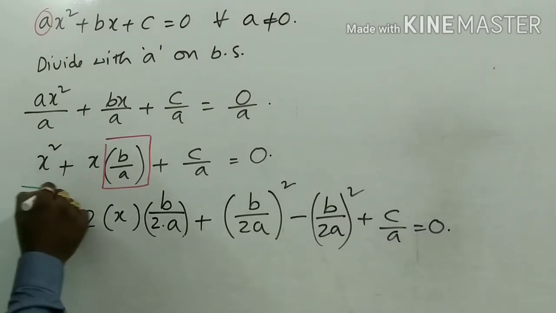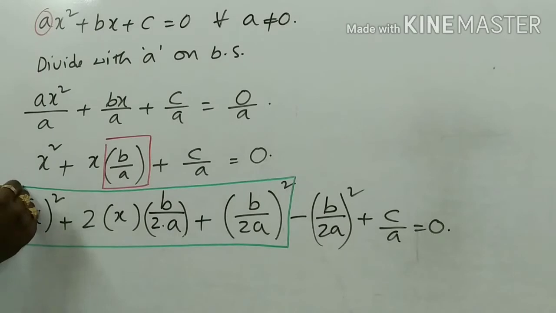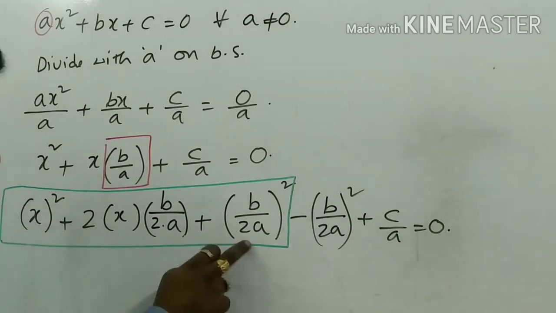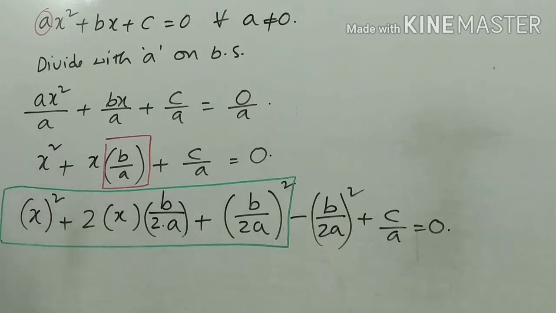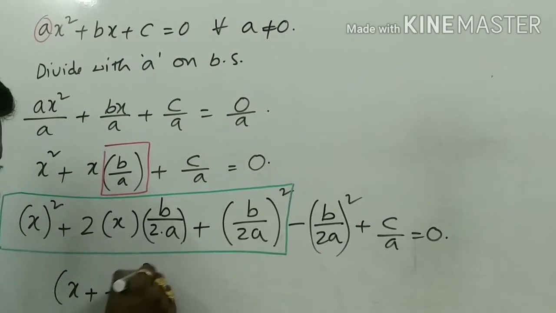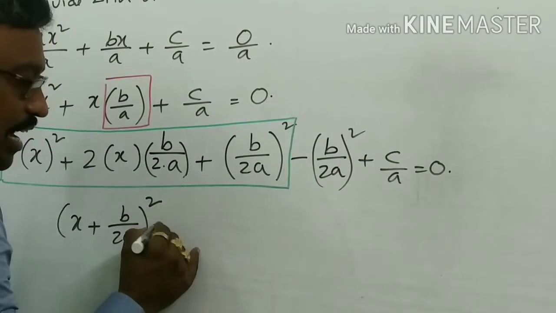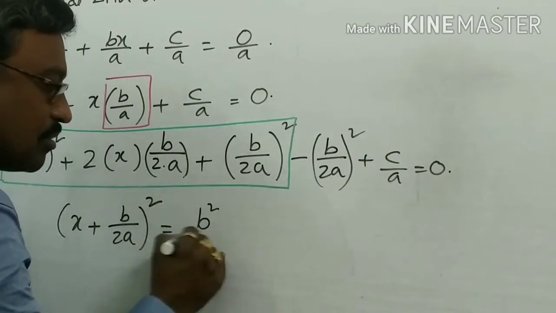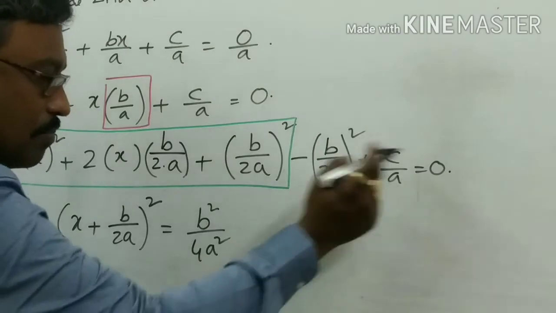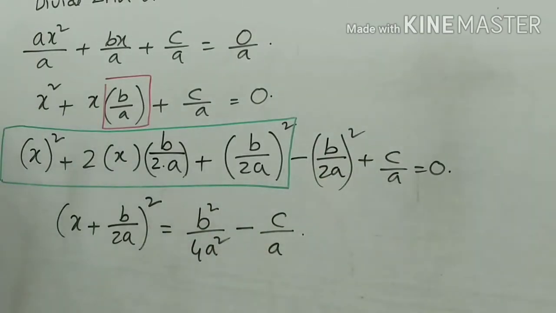The first 3 terms are in the form of (a + b)², that is, (x + b/2a)². Now I am transferring this to the other side: (x + b/2a)² = b²/4a² − c/a.